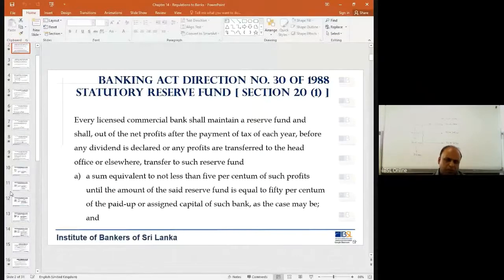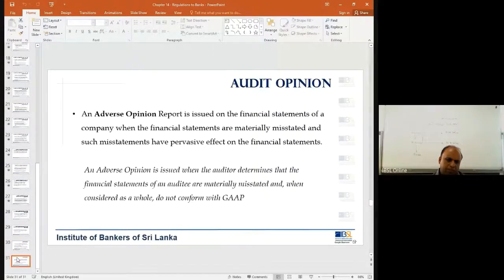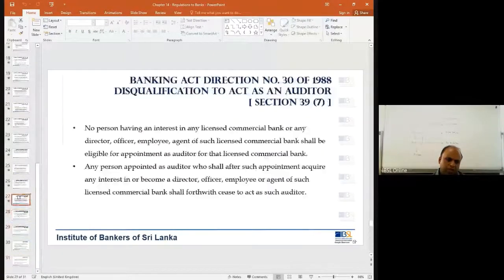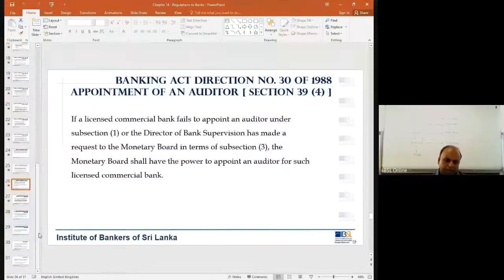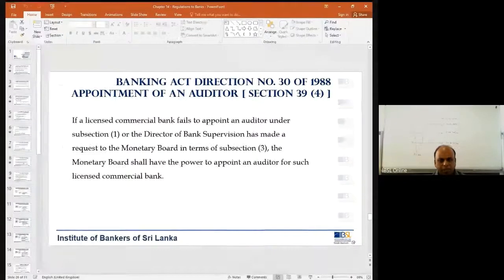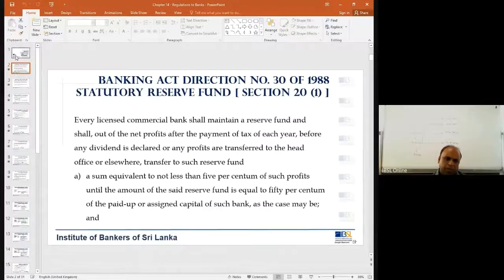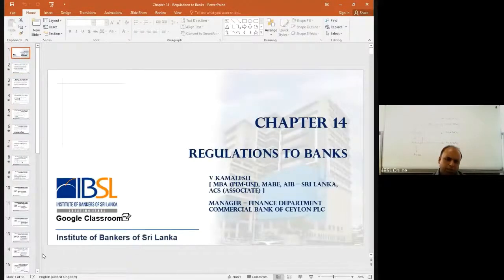What we have captured here is only the most important relevant subject components which are generally tested. But as I told you, this area is very vast. So you need to be very careful about what is happening in the current trend, what changes are taking place, and what the implications are for the banks. All those will be in this particular section.